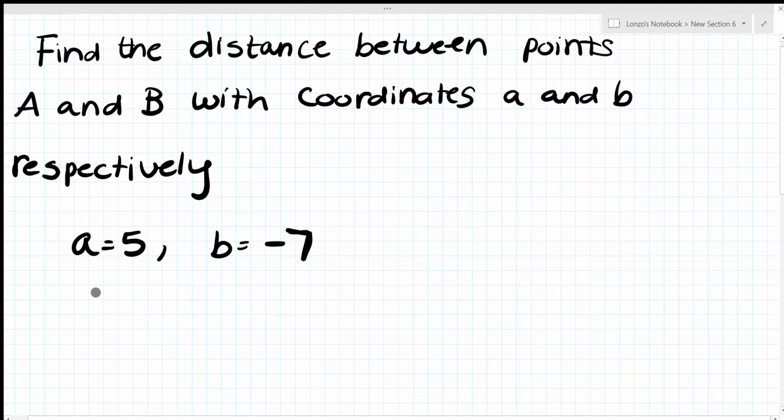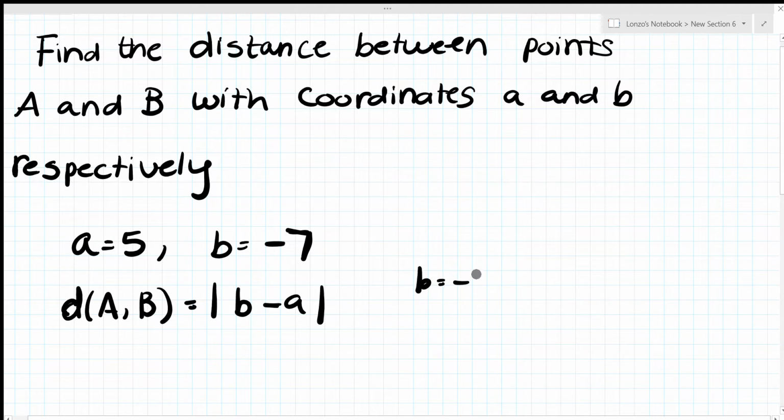The distance rule, D of A, B, is equal to the absolute value of B minus A. So our B is negative 7, and our A is 5.